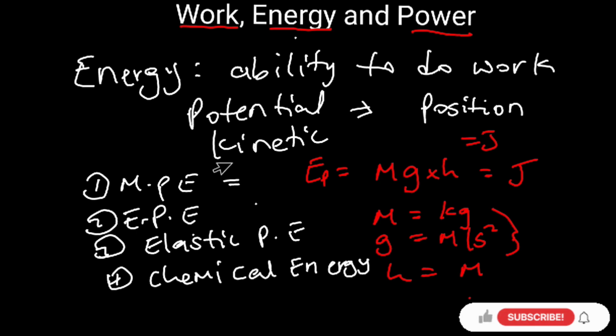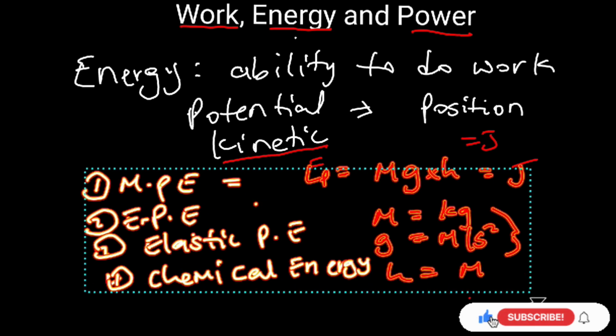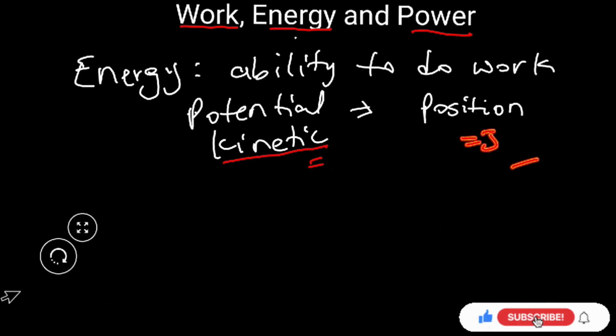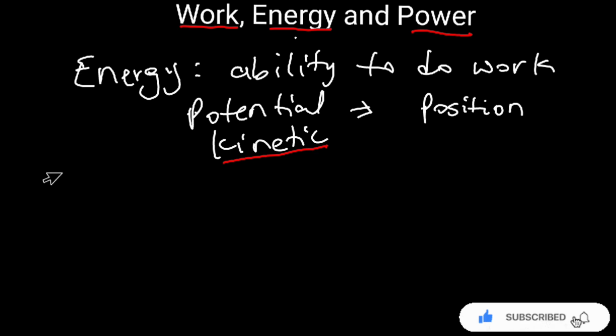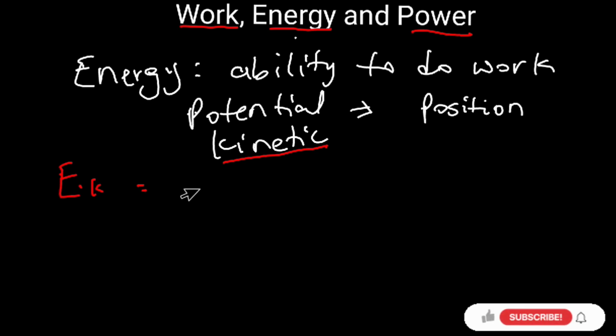So let's discuss kinetic energy. Now, kinetic energy is the energy of a body by virtue of its motion. And by its motion, it means that the body must be moving in order to possess this kinetic energy.